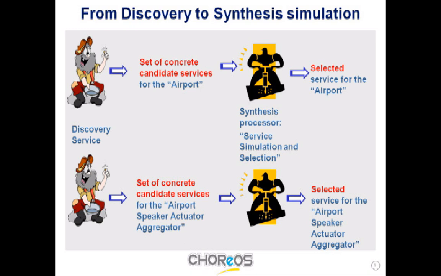Note that for a given participant, behavioral simulation is required since the discovered candidate services for it are able to offer and require at least the operations needed to play the role of the participant, but one cannot be sure that the candidate services are able to support the operations flow as expected by the choreography.